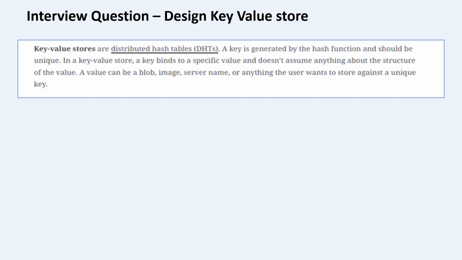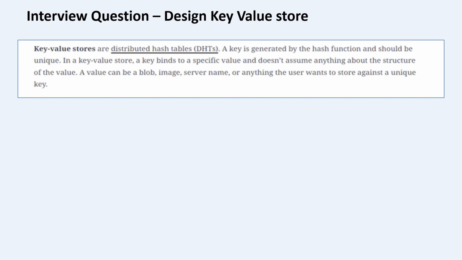But value can be anything, maybe integers, decimals, or strings, or maybe blobs, images, and it depends upon your requirement as well. So, in a nutshell, we can say that key value store is a design where key is unique and value can be taken as per the requirement, right?